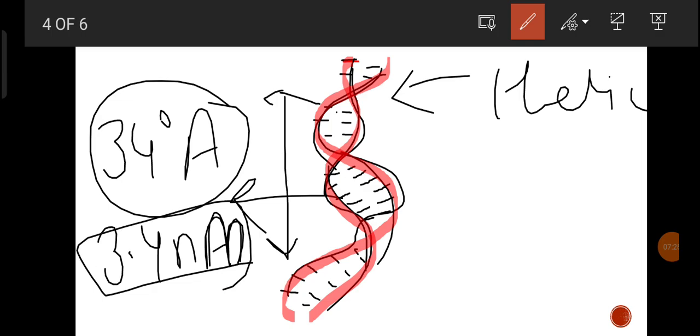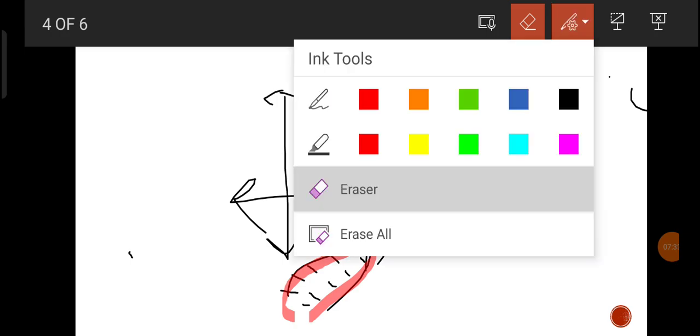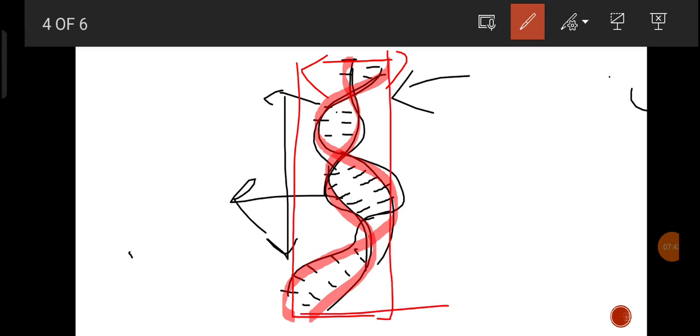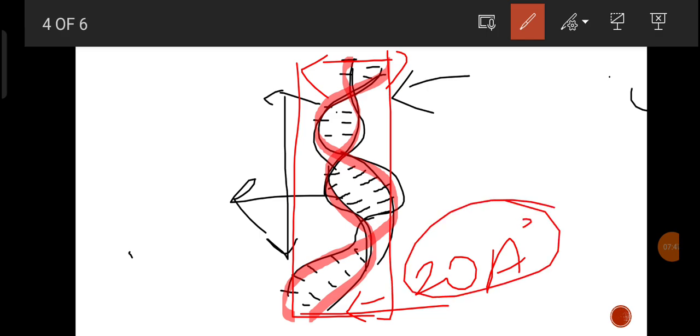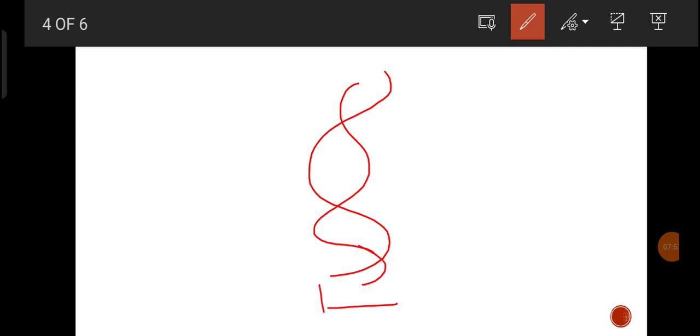This is the distance of a helical turn. Moving to the next part, the diameter of the strands from here to here is 20 angstrom. The diameter is about 20 angstrom.